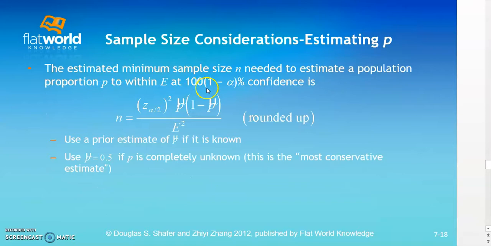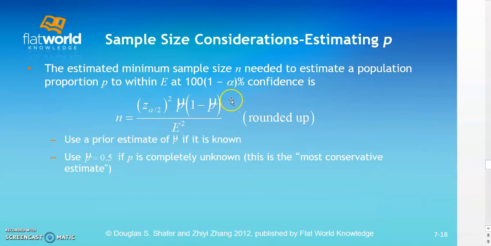And next, now we're talking about p hat, meaning p with a little caret over it. To figure out the recommended sample size for a particular confidence interval, we plug into this formula, which is very similar to the previous formula.